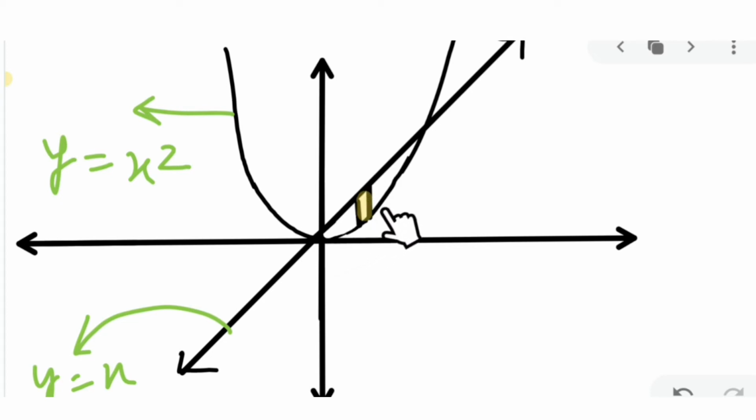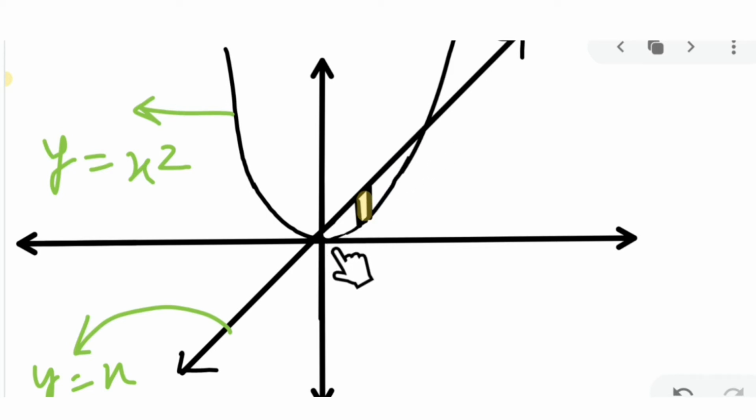You can see that it is touching y equals x square, and then the upper limit is touching y equals x. So we are sure that this strip was taken, and then it was integrated over this region.